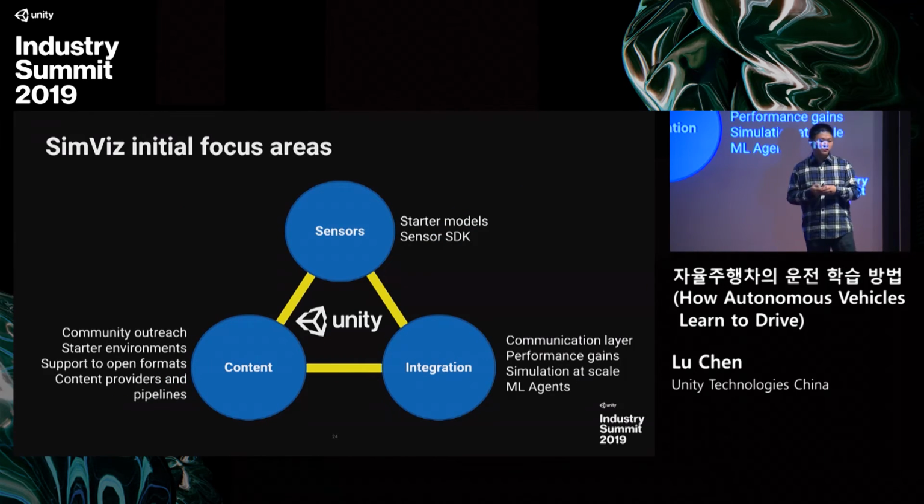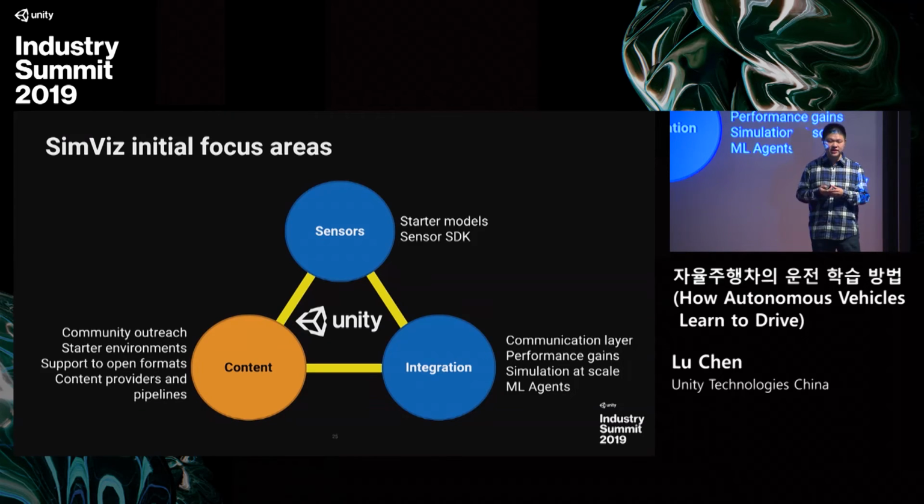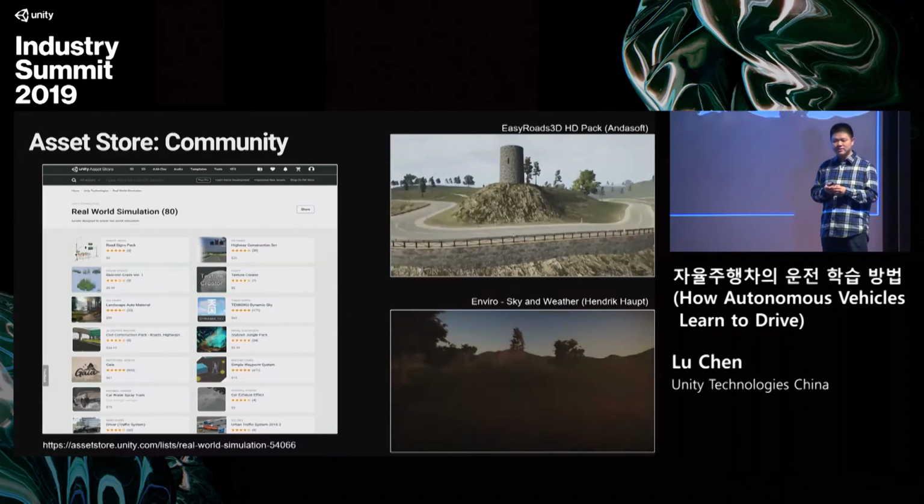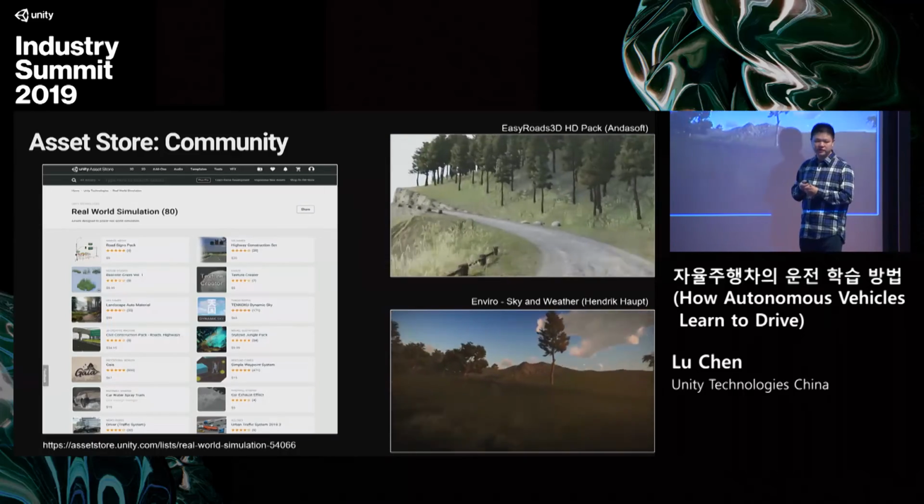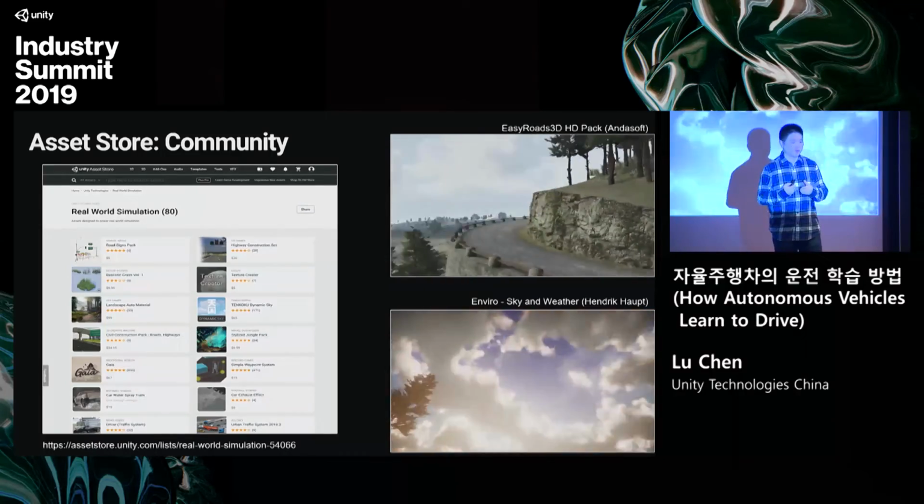So for now, SimViz can supply these three aspects of support. First, content. We always want to help our customers generate or get the content very efficiently. Actually, I think one of the biggest advantages of Unity is our community.